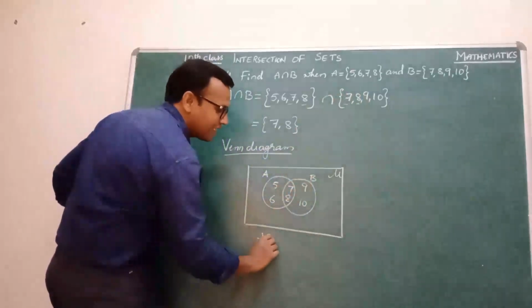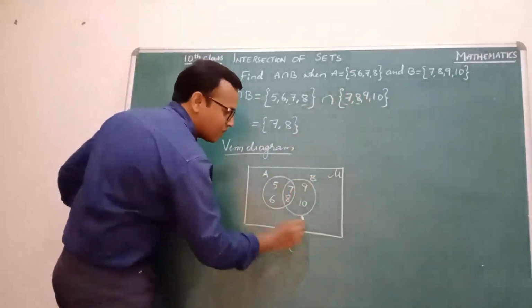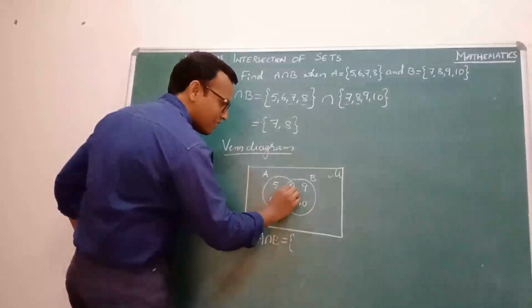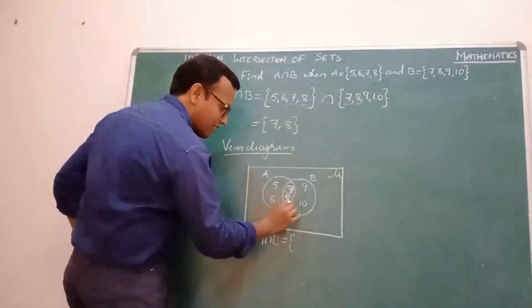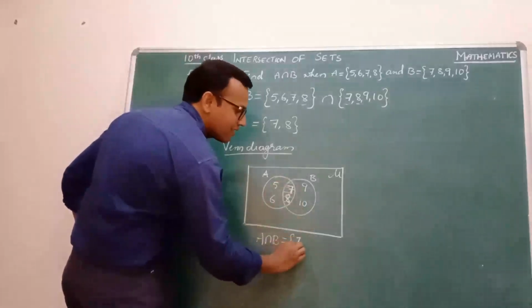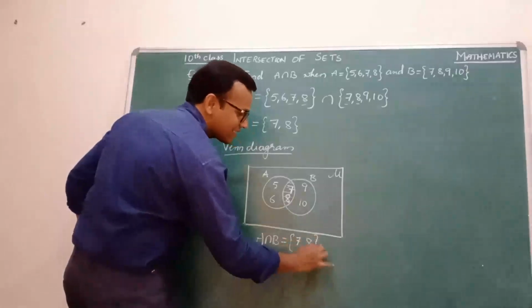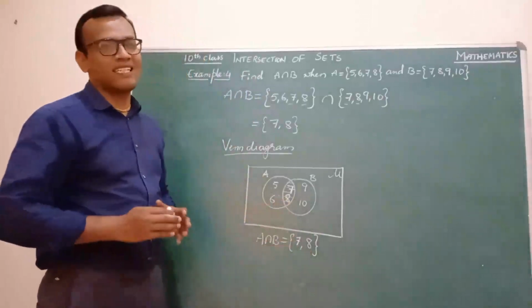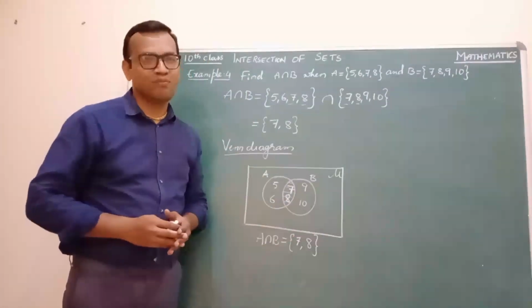Now A intersection B is equal to this area where the common elements are 7, 8. So this is the intersection area. 7 and 8 is the set of A intersection B.